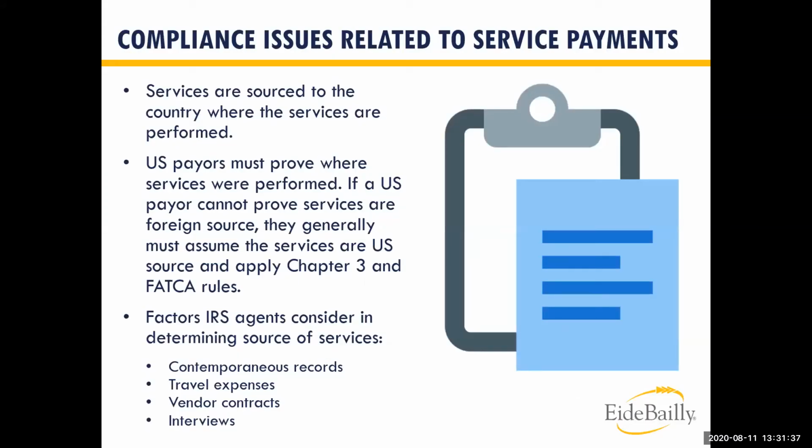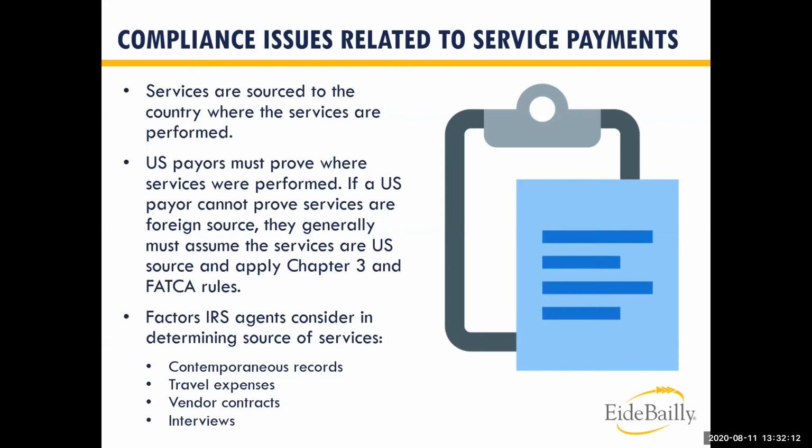We talked a little bit already about payments for services, but I wanted to reiterate because it comes up quite often. Payments are sourced to where the services are performed, and we need to make an allocation if some of it was performed in the US and some outside of the US. We would need to apportion the income. One of the things the IRS would consider is travel expenses.